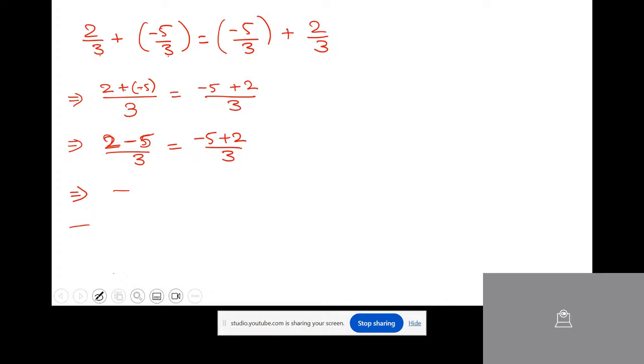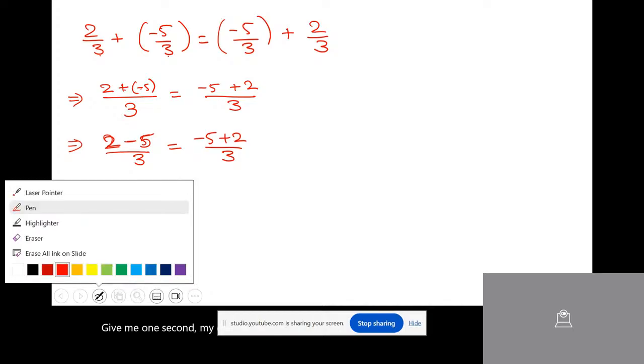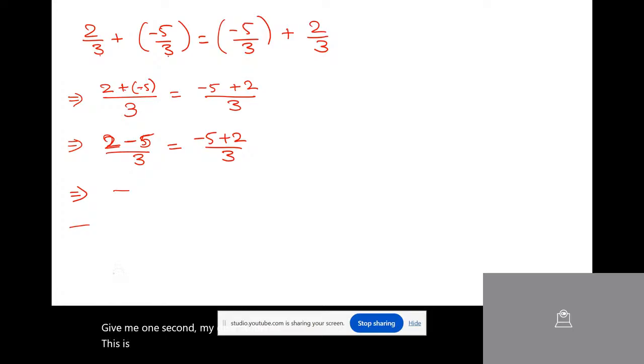Give me 1 second, my dear students. Yeah. 2 minus 5 is minus 3 divided by 3.